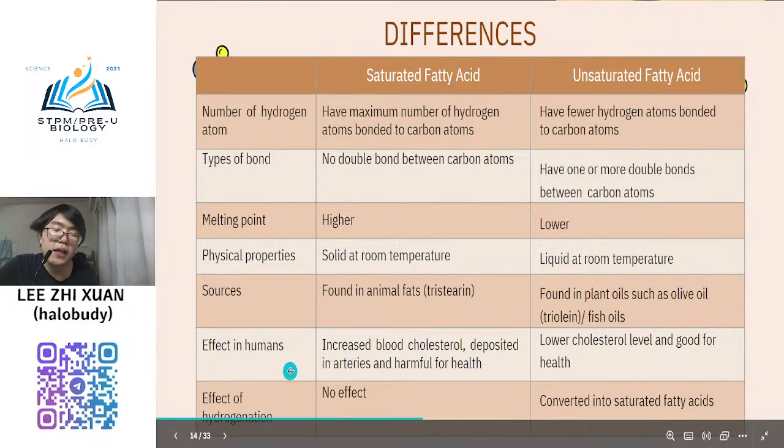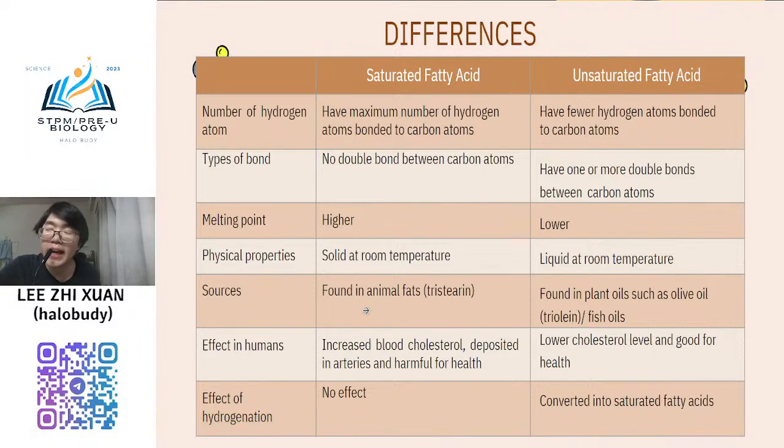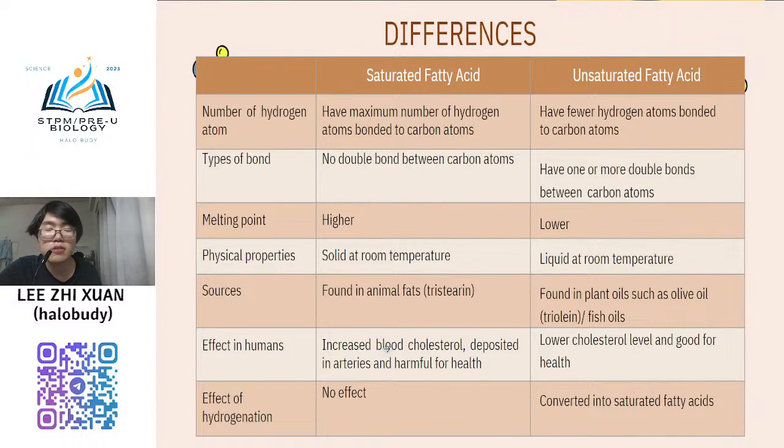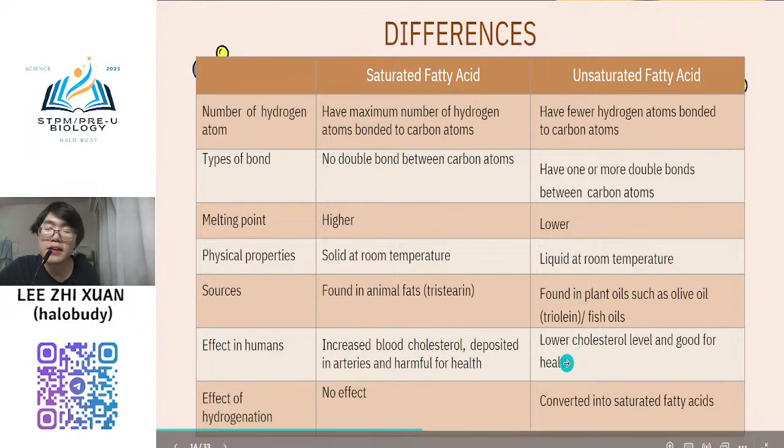Another one is the effect in humans. We know that saturated fatty acid is the bad fatty acid. If you consume a high amount of saturated fatty acid, you will get cardiovascular disease. Unsaturated fatty acid is good for health, but not necessarily that eating a lot of it is good.